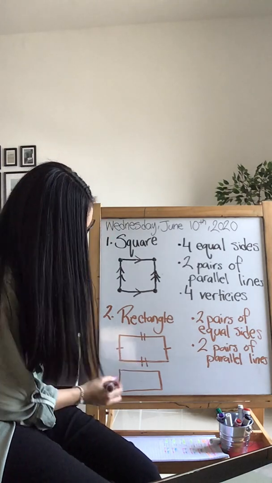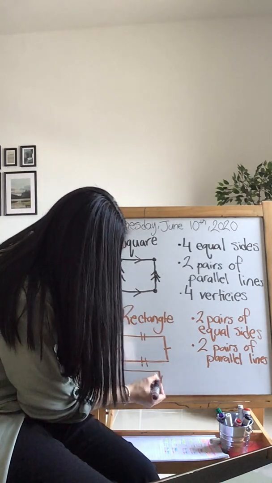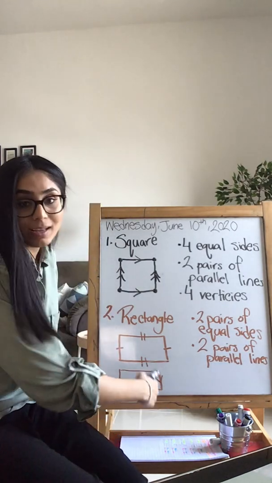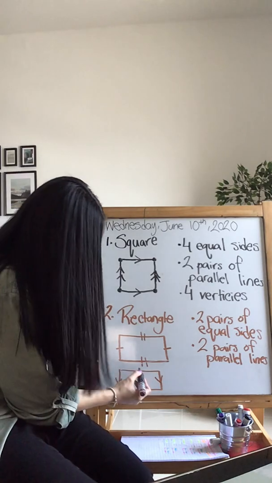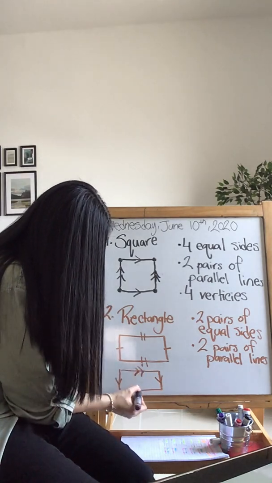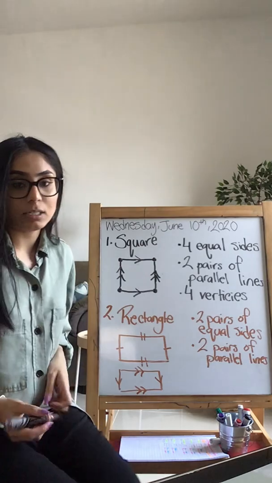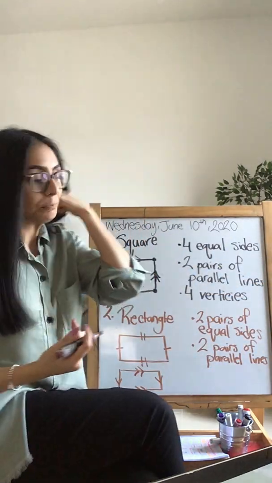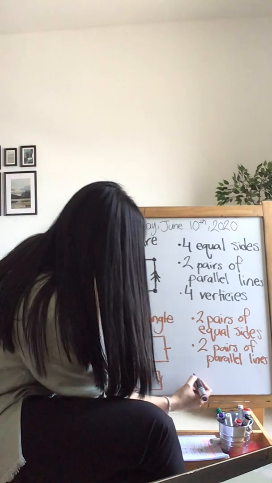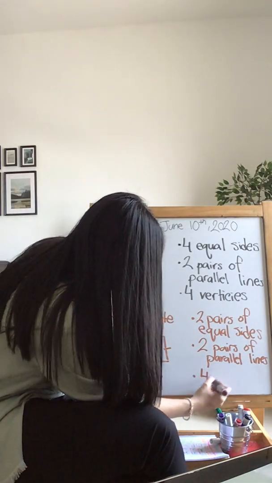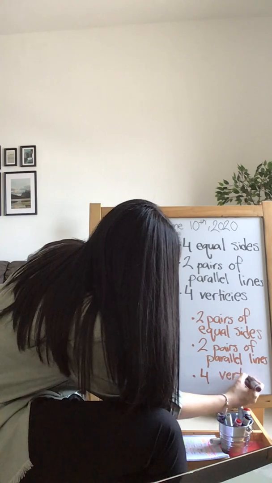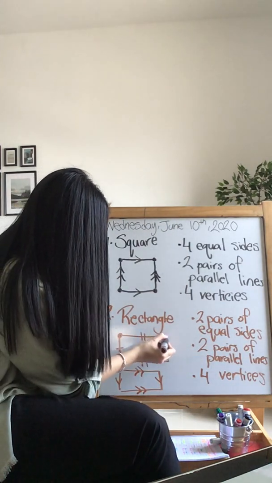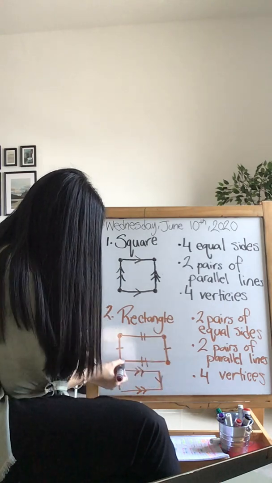Those are hatch marks. I would draw little arrows. So this line is parallel to this line because they will always keep going and they'll never intersect. And these 2 lines are parallel because they will never intersect. They will just keep going like roads. Okay? So that's that. And we know that there are, again, 4 vertices. So there's 1, 2, 3, 4.